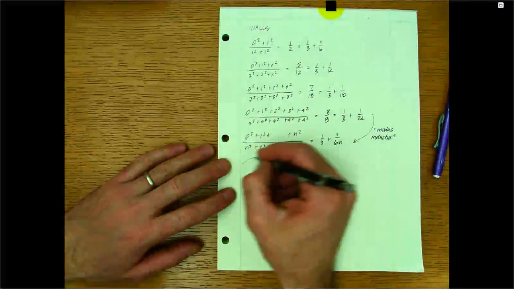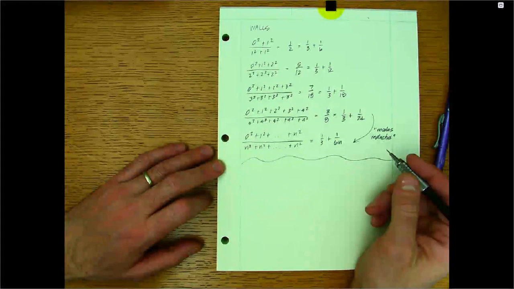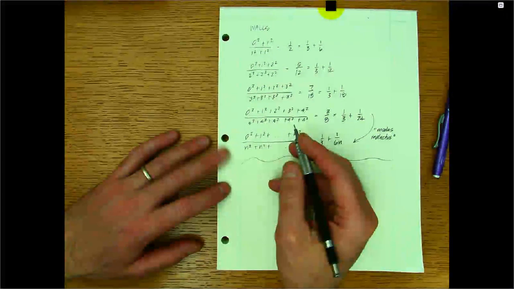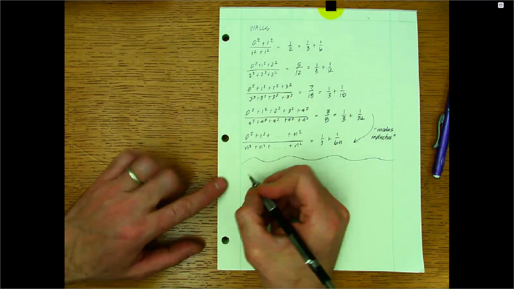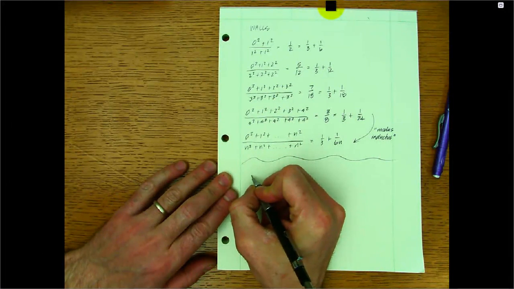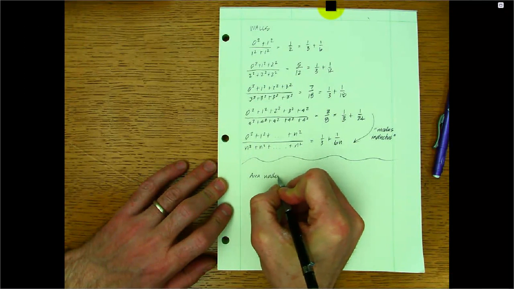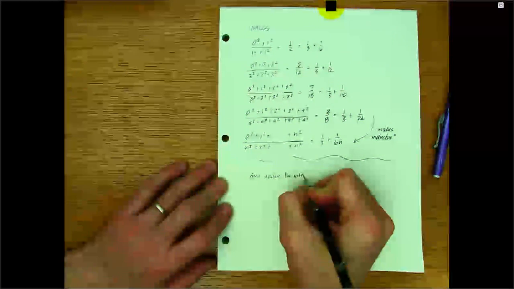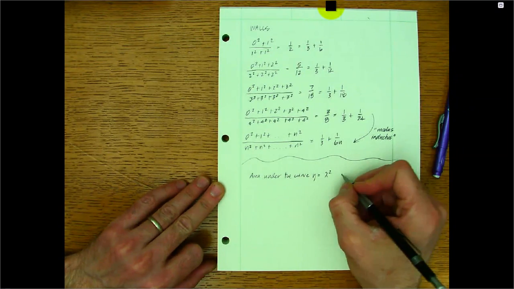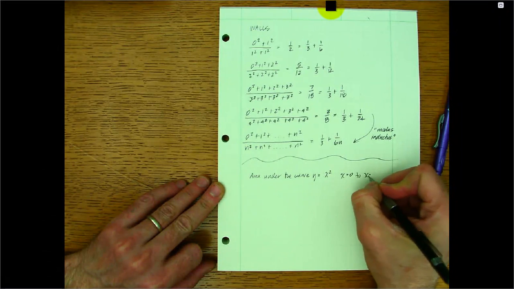So he actually uses this later in his proof when he's trying to find the area under x squared from 0 to a. So really he doesn't find the area. What he actually finds is the ratio of the area under the curve of y equals x squared from x equals 0 to x equals a.